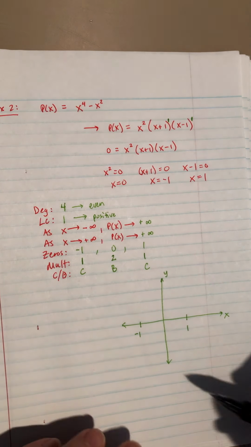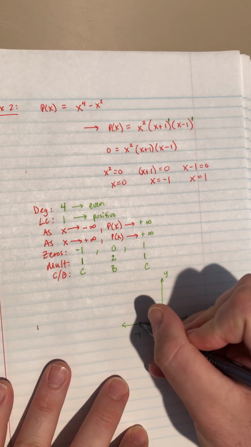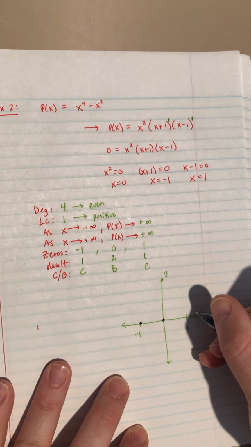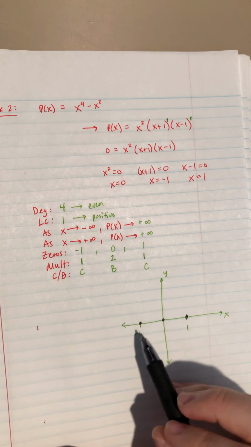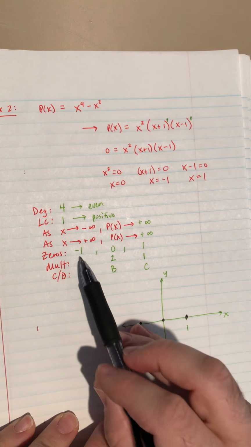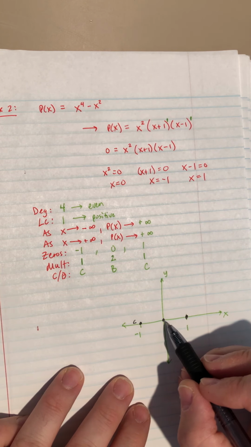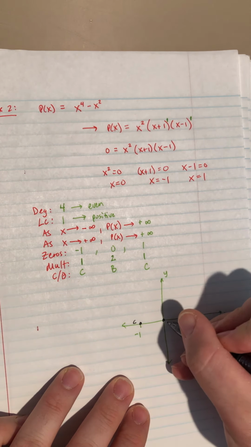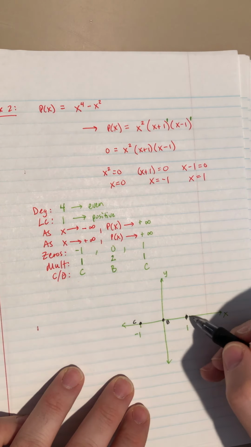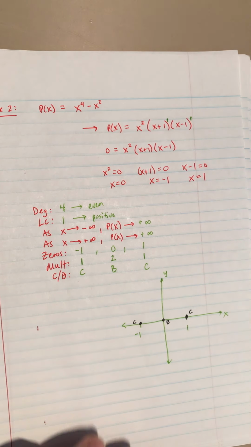And we plot our zeros. We got a -1, we got a 0, and we got a positive 1. And if we quickly put in what we saw, at -1 we are going to cross. At the 0, we're going to bounce, right? We're going to bounce right there. And at the 1, we're going to cross.